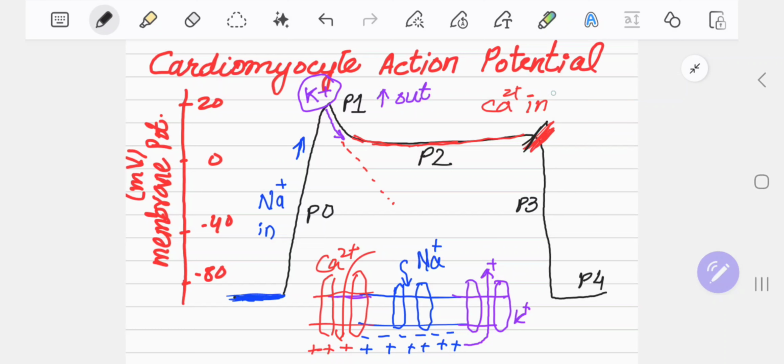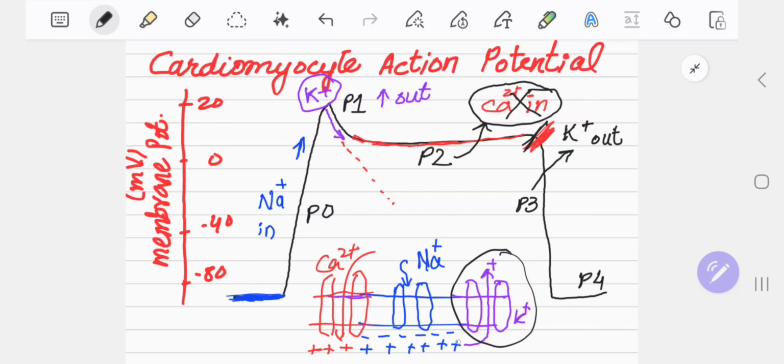Until this point, the calcium channels are open, and then the calcium channels will stop. The only channels open in phase 3 are potassium channels, which are going out in this phase. Now the potassium is still functional and keeps the positive ions going out constantly.